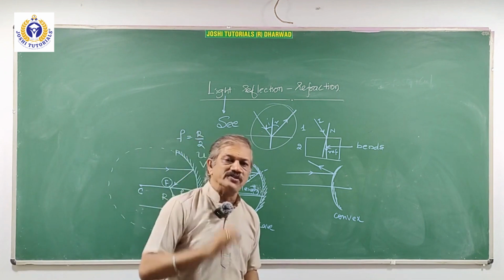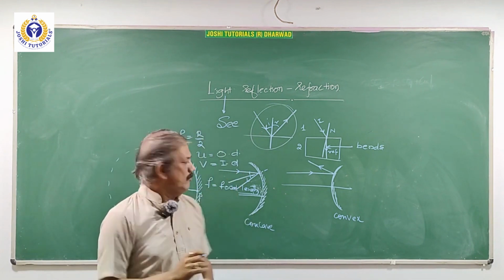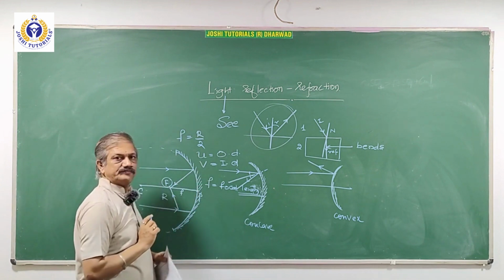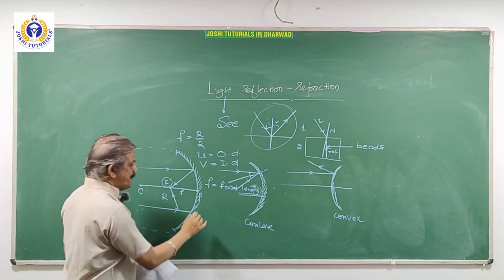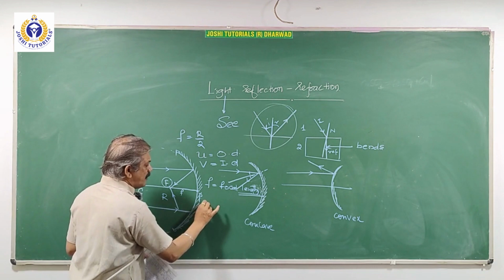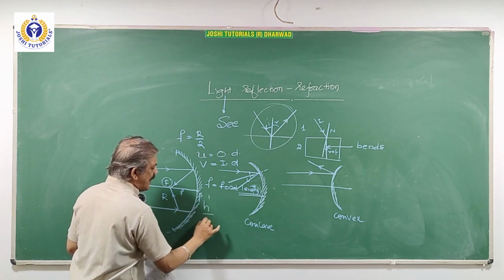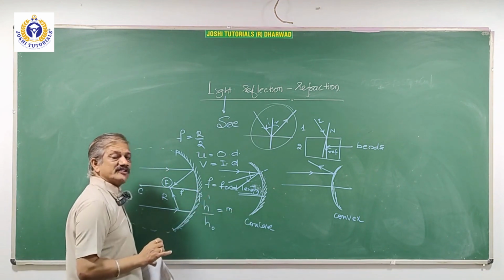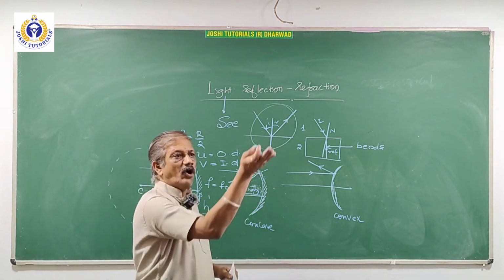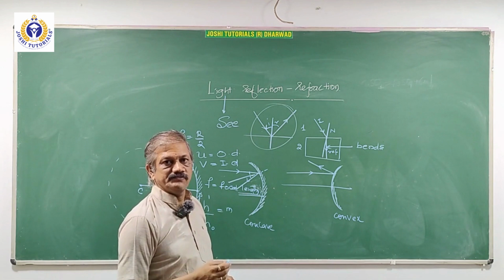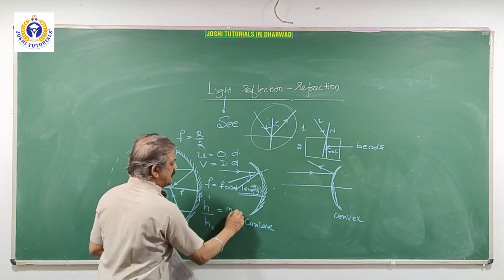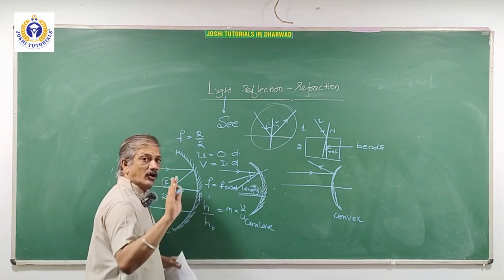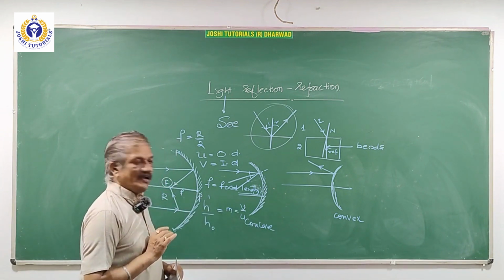There are some rules for v, for u, for f. And if you want to compare the height of the image and the height of the object, we use the word magnification. We write this as v by u, image distance upon object distance.